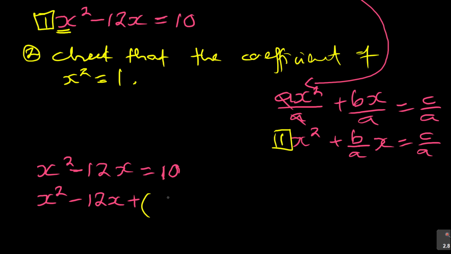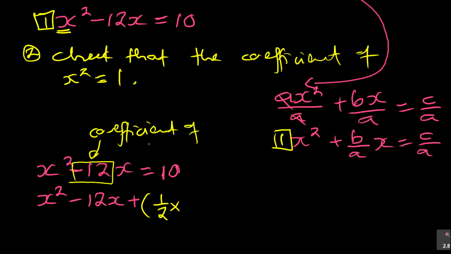You put a bracket, and then you say half times the coefficient of x. So what is the coefficient of x? It is this number, with the sign. If they ask me what's the coefficient of x here, I'll say this number. You take the number with the sign. So it is x squared minus 12x, times half.